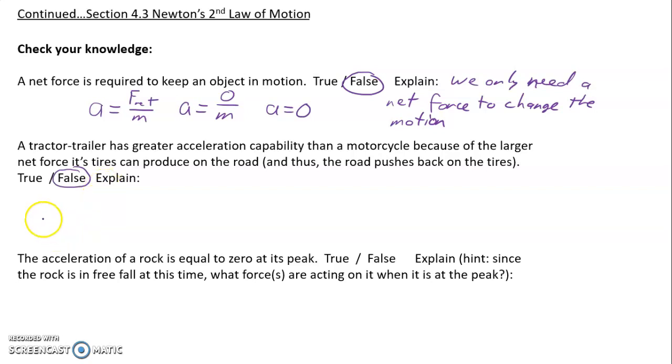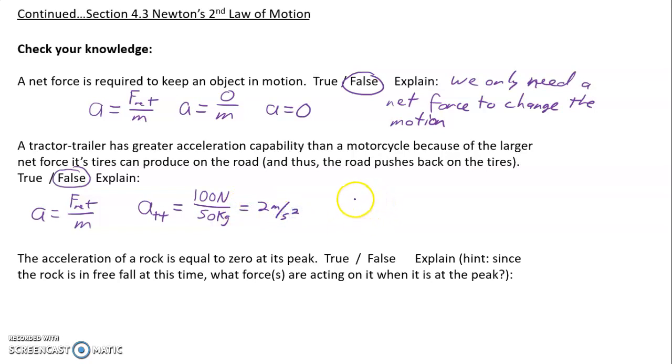However, remember that acceleration is equal to net force over mass. Let's say the tractor trailer had 100 newtons of force and 50 kilograms of mass, its acceleration would be 2 meters per second squared. I'm just going to make up some numbers that are not the actual numbers.